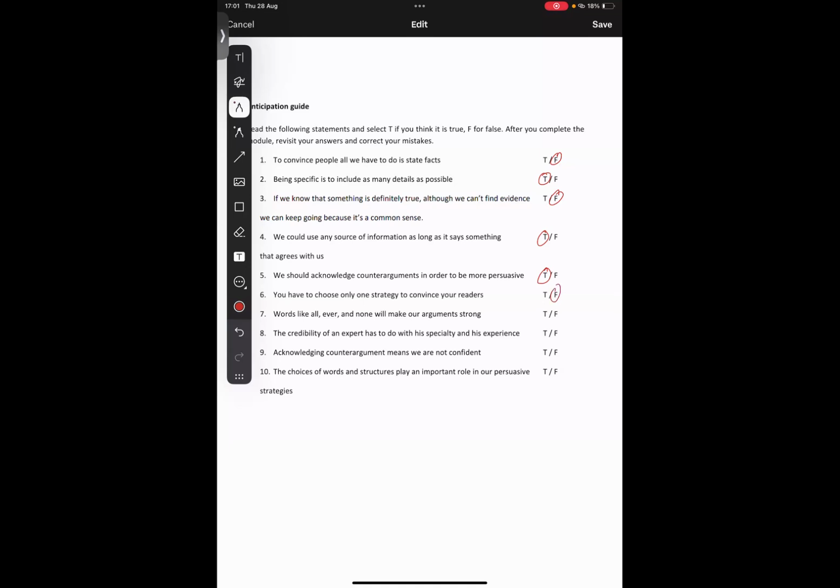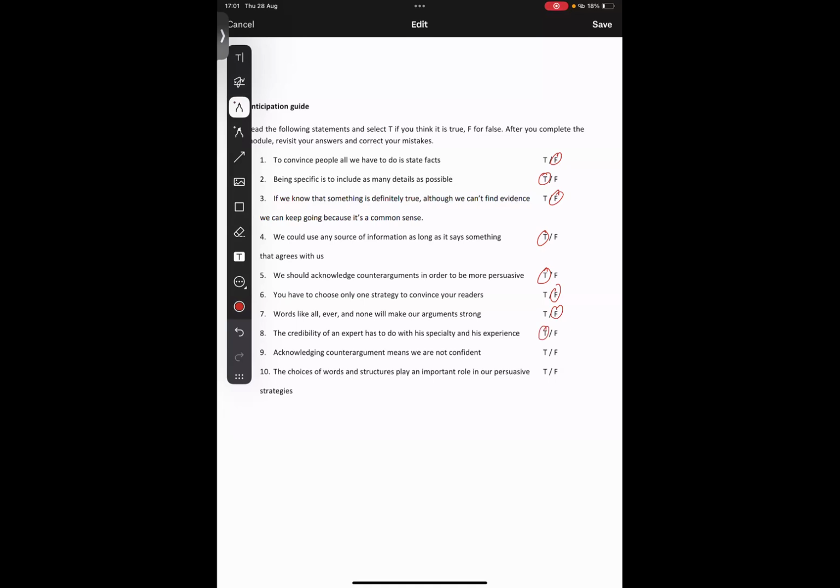Words like all, ever, and none will make our argument strong. This is actually false. Number eight, the credibility of an expert has to do with his specialty and his experience. This is actually true.